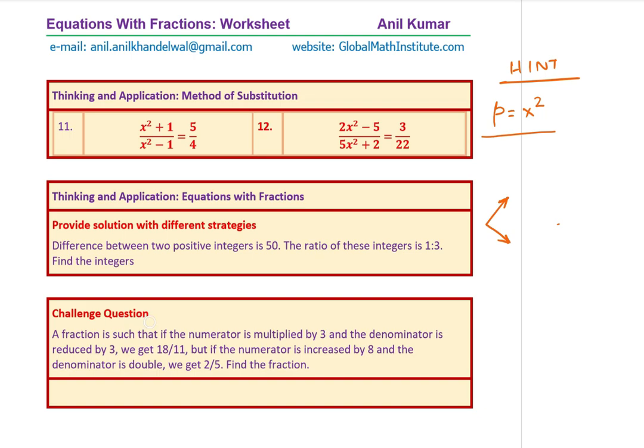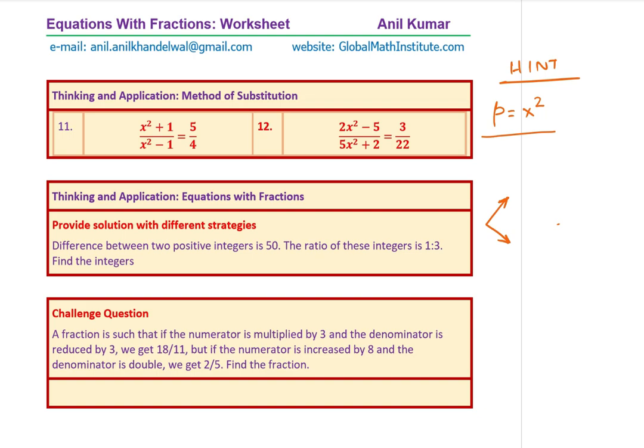Another challenge question for you is, a fraction is such that if the numerator is multiplied by 3 and the denominator is reduced by 3, we get 18 over 11. But if the numerator is increased by 8 and the denominator is doubled, we get 2 over 5. Find the fraction. It involves wording which is sometimes complicated to understand.